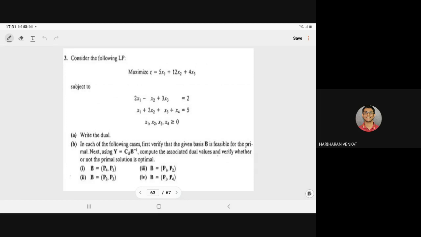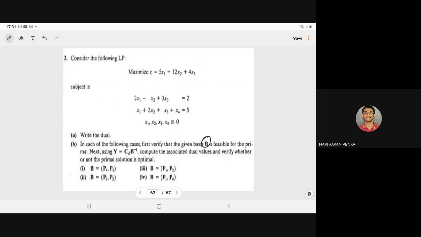Write the dual in each of the following cases. First verify whether the given basis is feasible or not for the primal. Next, using y is equal to CB B inverse, compute the associated dual values and verify whether or not the primal solution is optimal. So first we have to verify that the primal basis is feasible or not.